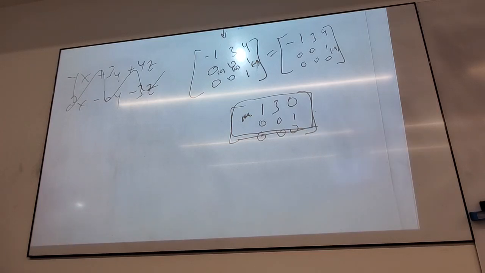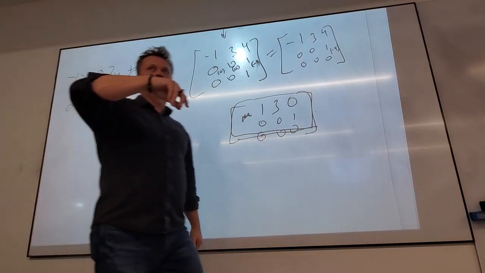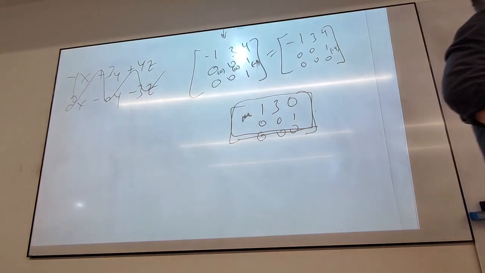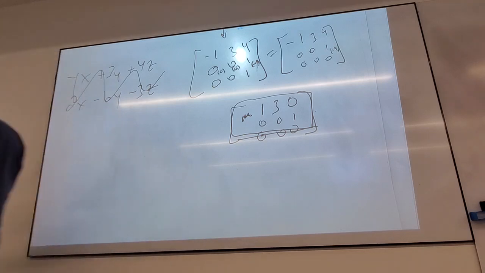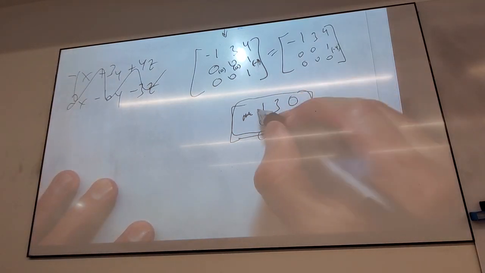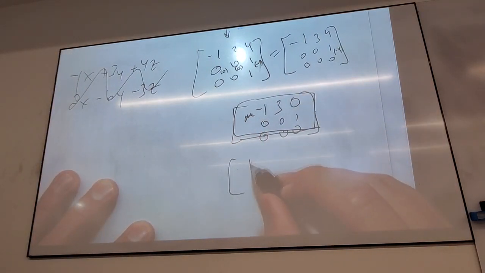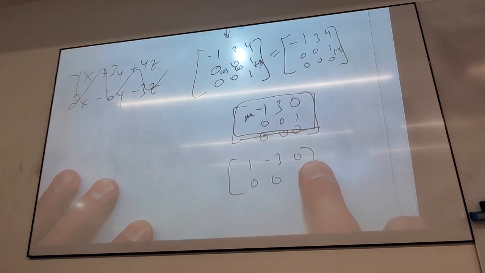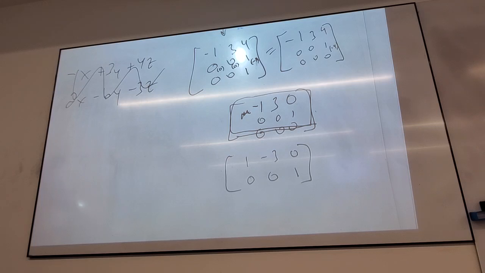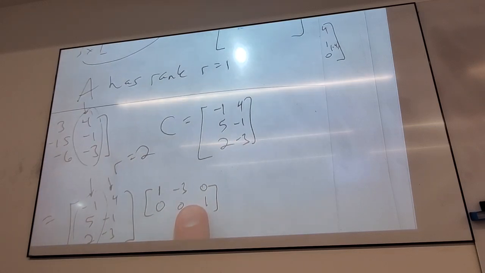Yes, sir. Why did you just cross out the negative? I think that was a stray mark, or was it supposed to be there? It was supposed to be there. Oh, I forgot to divide by a -1. Oh yeah, so one more step I could do is I can divide by a -1. There we go. Divide the first row by a -1. And now that perfectly matches with this.